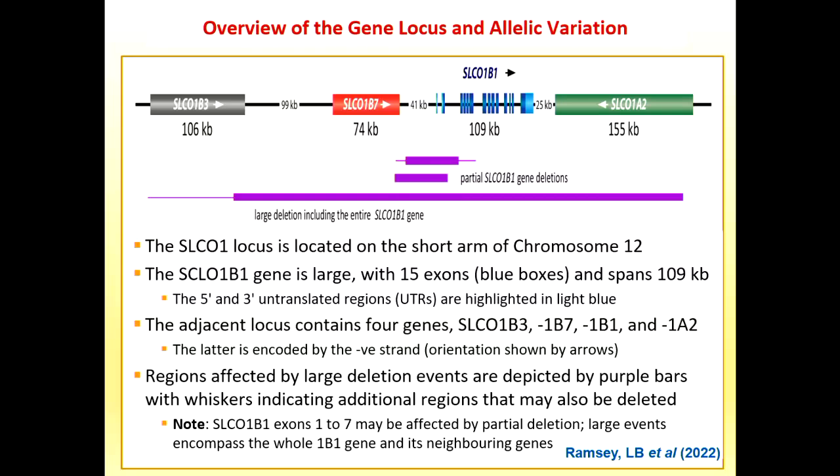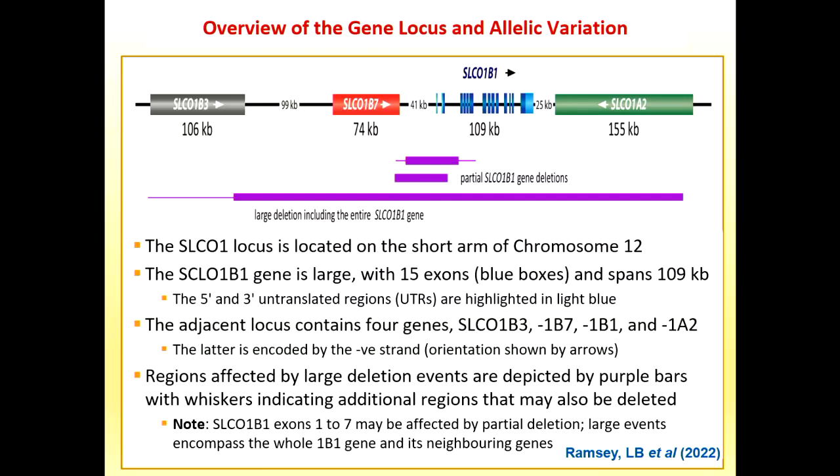Okay, so you can see it's a pretty big gene. It's got 15 exons. All of these little blue bars here are exons, and the light blue indicates the ones that are untranslated, the untranslated regions on the 5' and 3' end of the gene. And this particular locus is significantly susceptible to genetic variability, including large deletions and partial deletions.